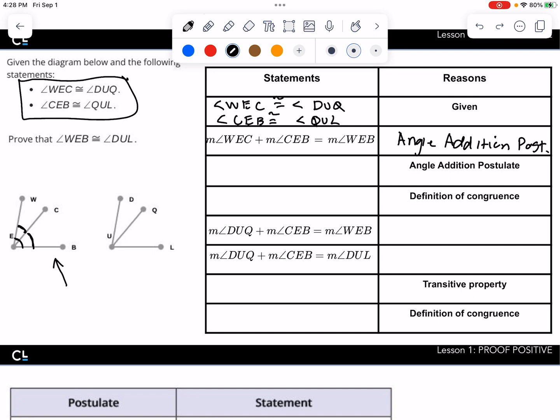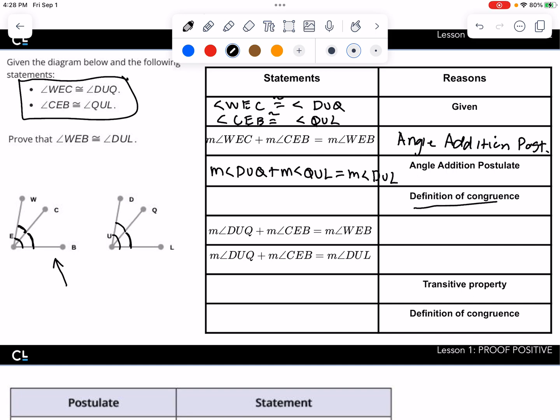So this is a part of the angle, so I need to say that this part, that would be the measure of DUQ, plus the second part, which would be this part. Well, that's the measure of QUL. Well, that has to add up to the total, which would be DUL. That's the angle addition postulate.